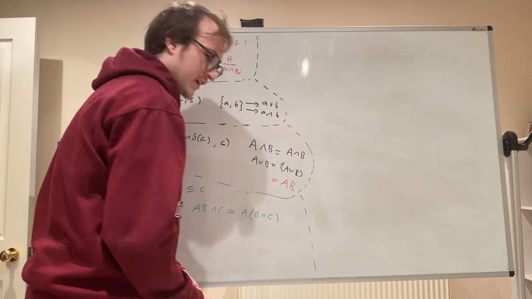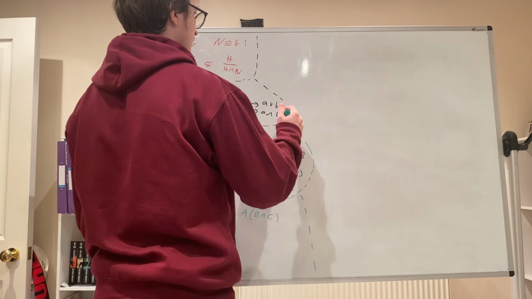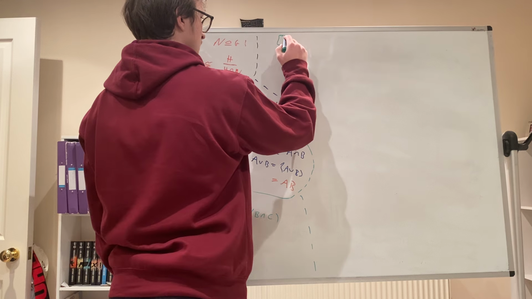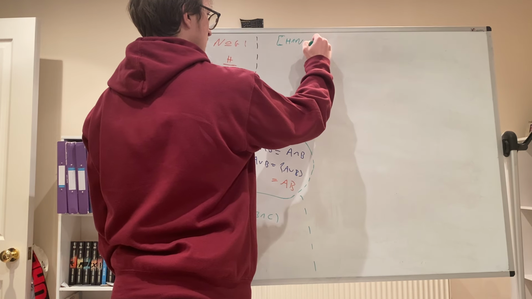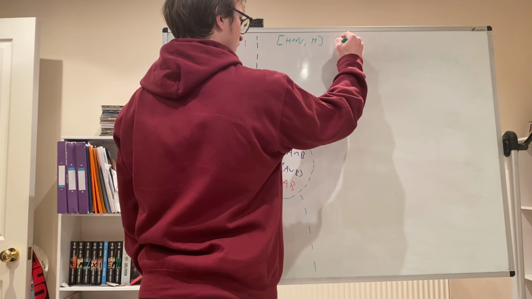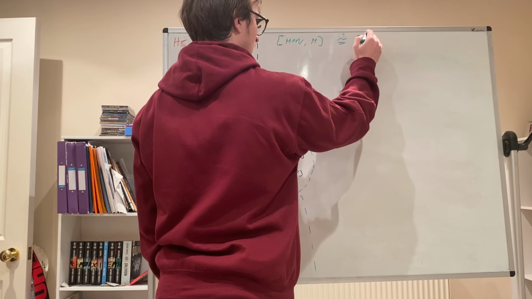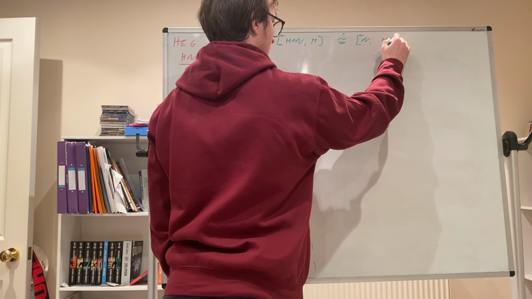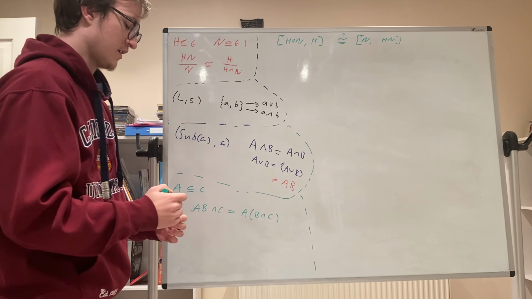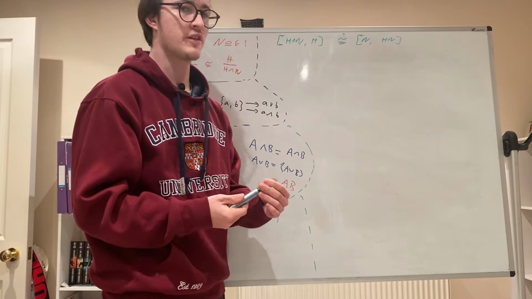We're going to start by considering the following two intervals. The interval between H intersect N and H, and the interval between N and the product HN, like so. Firstly, what are these intervals?